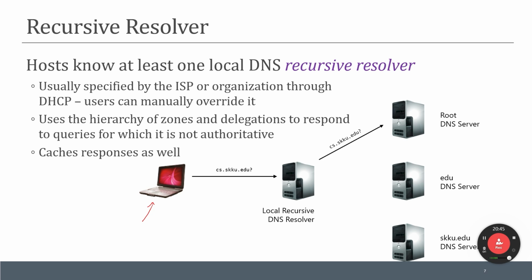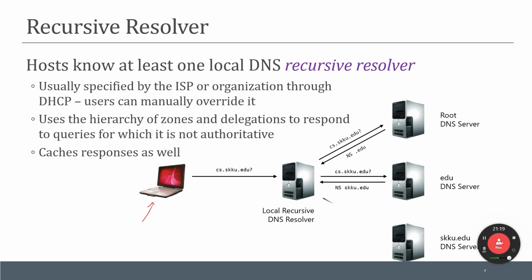is the IP address of cs.skku.edu? And the root DNS server says, all right, consult with the name server for .edu. Then the recursive name server again asks this name server, all right, what is cs.skku.edu's IP address? And the edu DNS server responds, okay, you should consult with the name server managed by skku.edu.